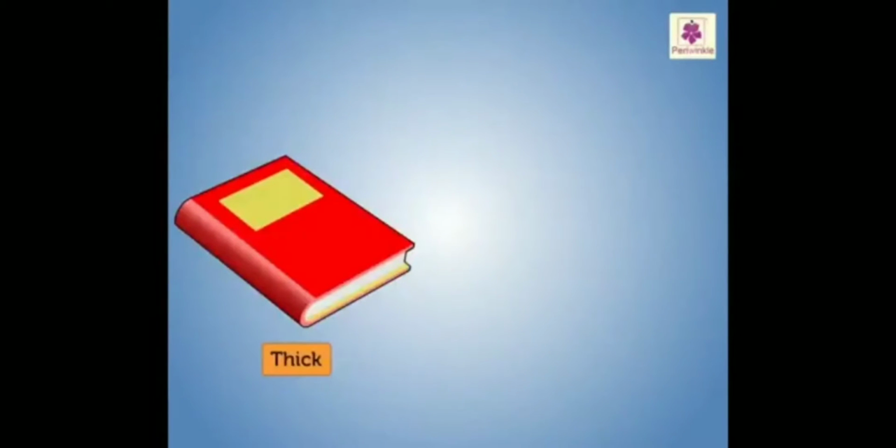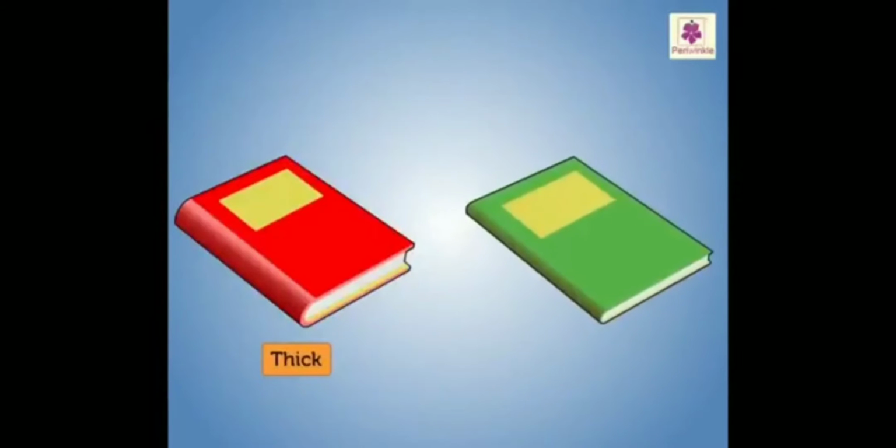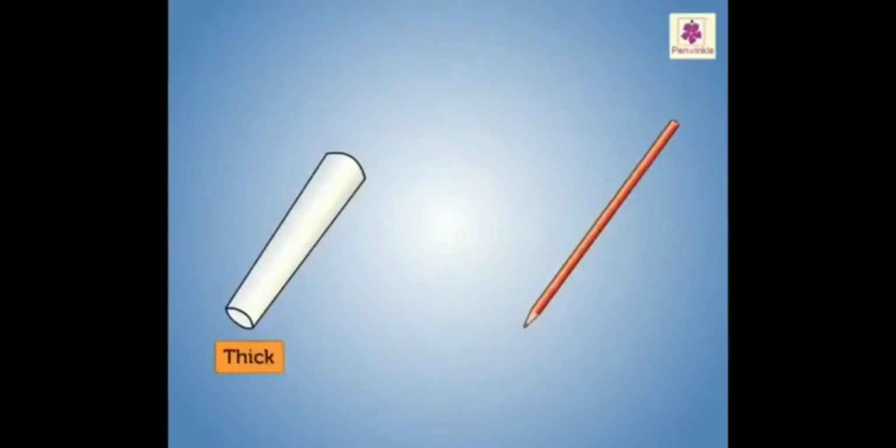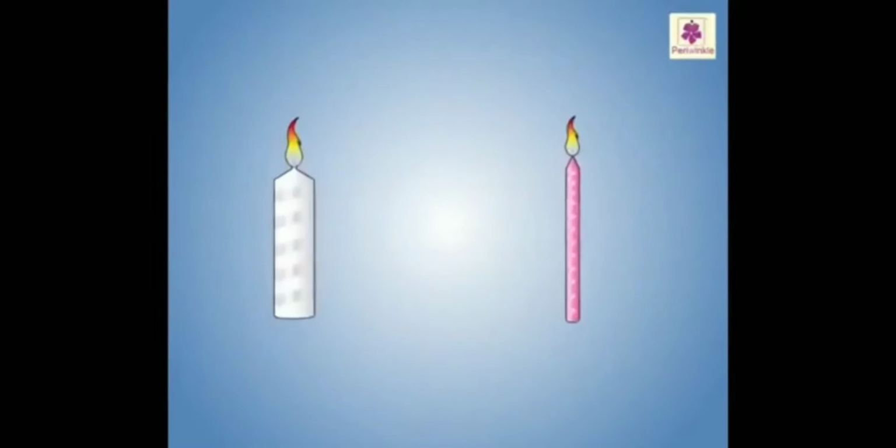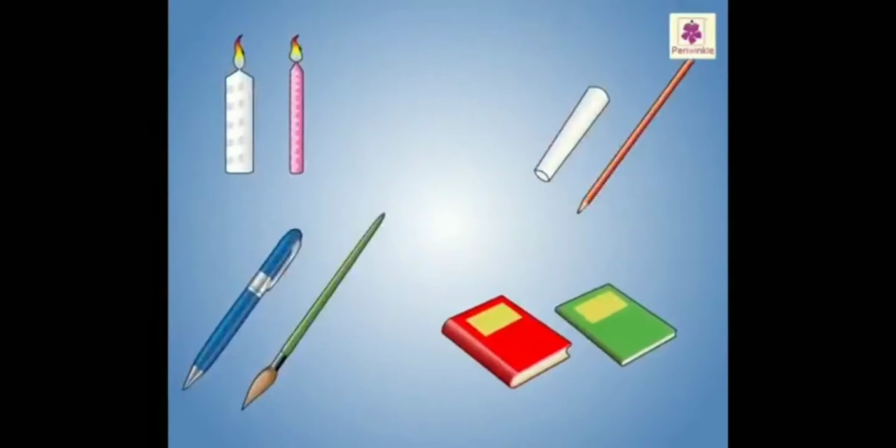It is thick. Now look at this green book. It is thin. Similarly, the chalk is thick, whereas the pencil is thin. Now look at these two candles. The white candle is thick and the pink candle is thin. Wasn't it fun learning about thick and thin objects?